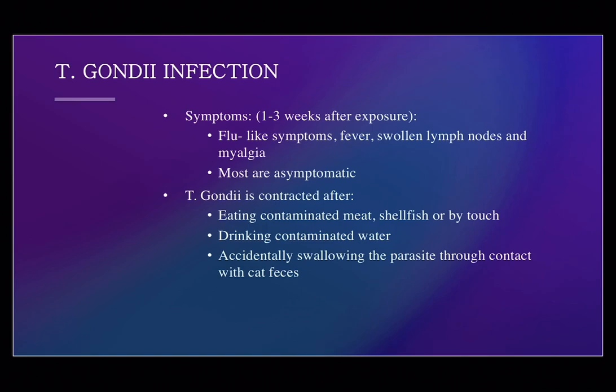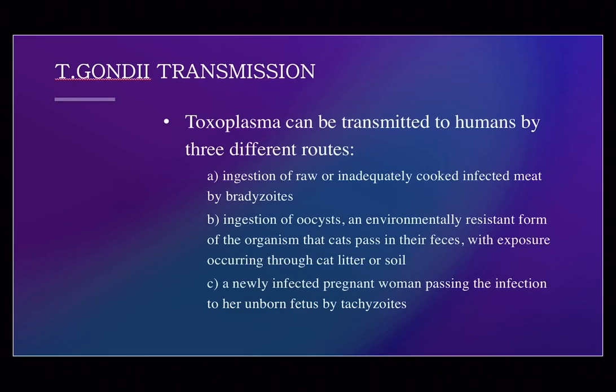T. gondii is contracted after eating contaminated meat or shellfish, drinking contaminated water, or even accidentally swallowing the parasite through contact with cat feces. T. gondii is transmitted 3 different ways. A. Ingestion of raw or inadequately cooked infected meat by bradyzoites.